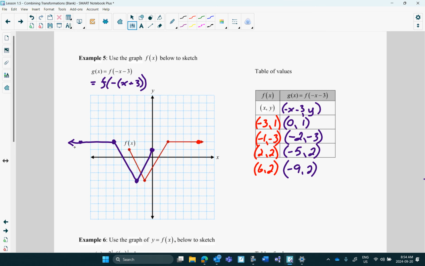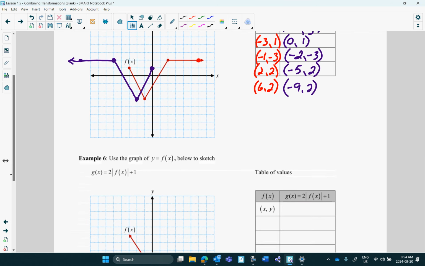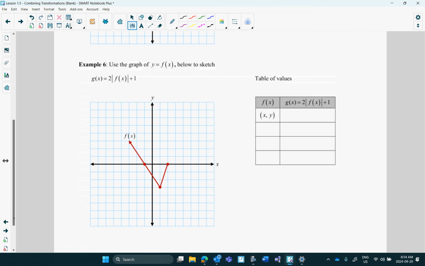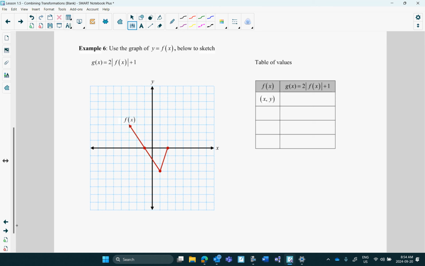All right. This last one that we're going to do with graphing, notice it involves something else. Absolute value. When you take the absolute value of a number, what do you do? Like, what's the absolute value of 5? What's the absolute value of negative 7? Right, so if it's positive, the absolute value stays the same. If it's negative, the absolute value changes sign.